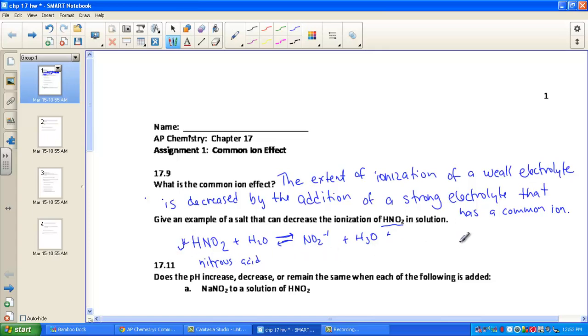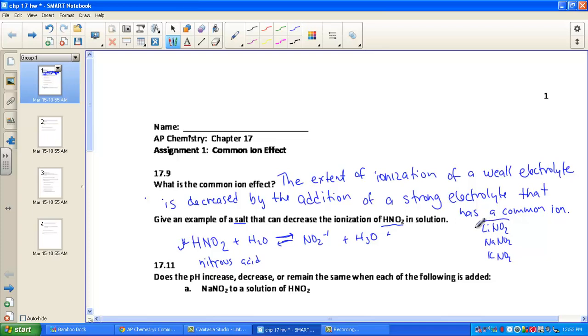If we were to add, let's just say a salt, not an acid, not a base, but it has a common ion. Well, the ion here from this weak acid is nitrite. And a salt has any other positive ion other than the hydrogen. Lithium nitrite, sodium nitrite, potassium nitrite, I can just pick any positive ion and call that a salt, positive hooked to negative.